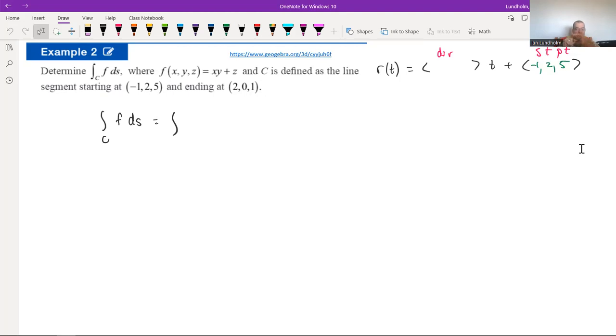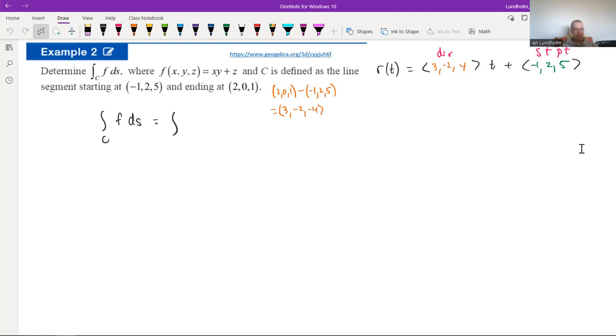And the direction vector is going to be the vector that goes from (-1, 2, 5) to (2, 0, 1). So we need to do a quick calculation of endpoint minus start point, which would give us the vector 3; 0 minus 2 is -2, and 1 minus 5 is -4. So we've got (3, -2, -4) for our direction vector.